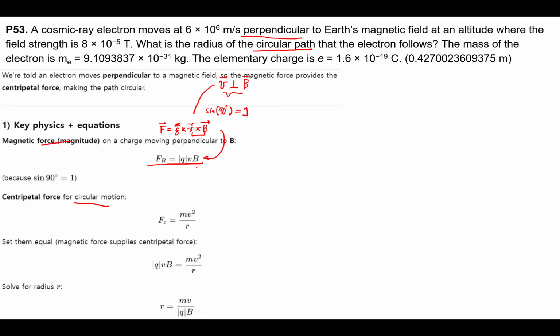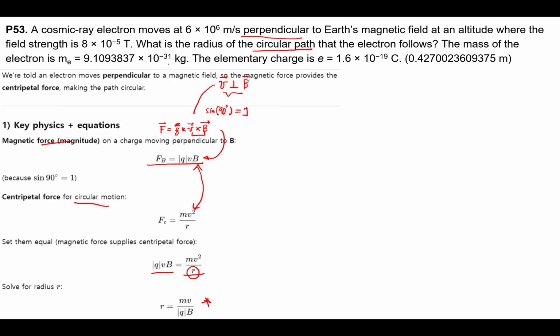These should be equated: the magnetic force on the left-hand side, the centripetal force on the right-hand side. From this, we can find r.